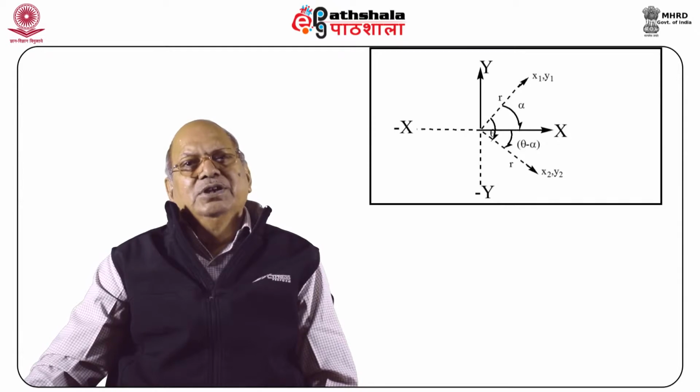Let us take a general point x, y and perform similar Cn rotation by an angle theta, and the new point is x2, y2. Here I am giving a clockwise rotation to this point x1, y1.